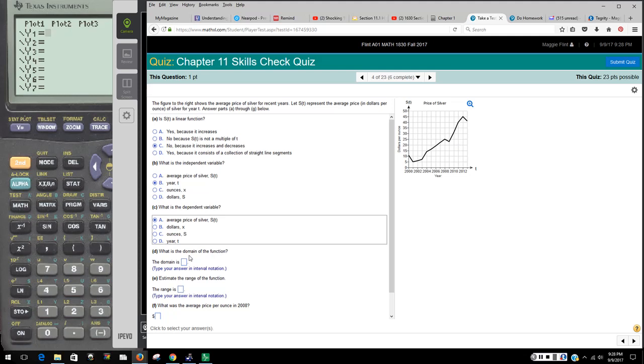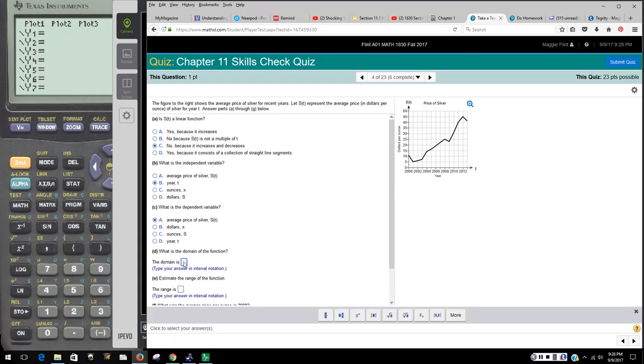And then it says, what's the domain of this function? Okay, the very lowest number that we start with is the year 2000. And we go up through, it appears to me to be, let's see, this is 2010, 11, 12, that's 2013. So the domain is 2000, and what we want to do is, we can use brackets on this, or we can use ordered pair.